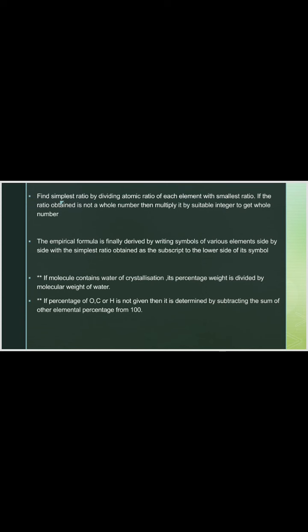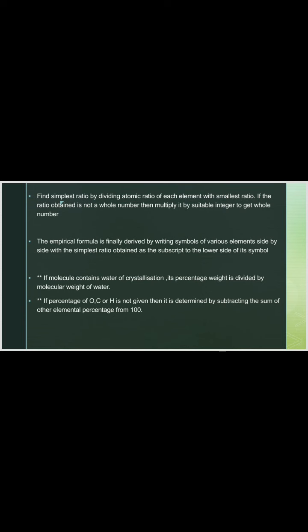Then we have to divide each atomic ratio by the smallest ratio. And in doing so, if the ratio obtained is not a whole number, then what do we have to do? We have to multiply it by a suitable integer to get a whole number.